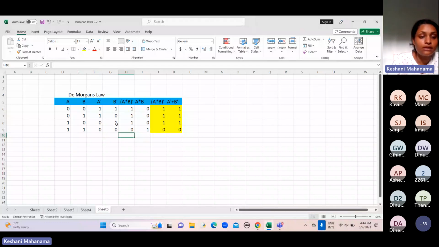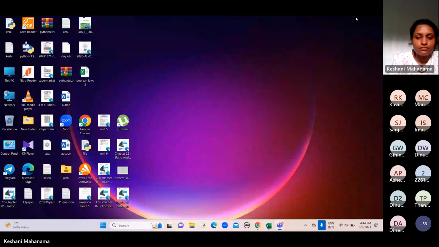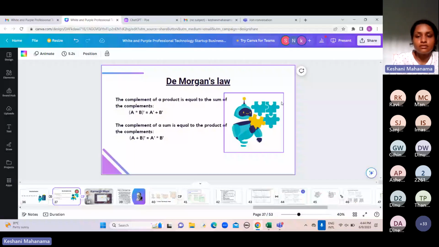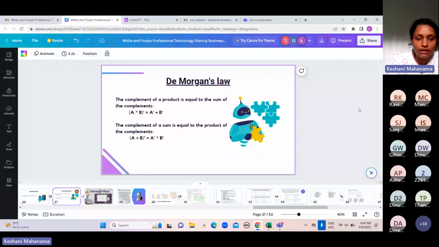If both values are equal to 0, then the output will be 0. Likewise, we have gained the values for (A·B)' and A' + B'. So you can see that (A·B)' is equal to A' + B'. So these are the laws which we have to talk about.